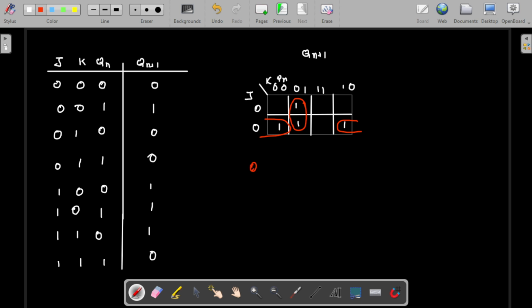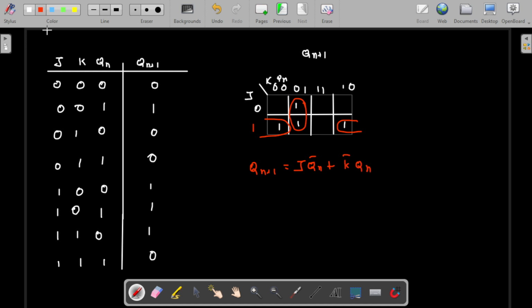So if we write the Qn plus 1 equation, then what will it be equal to? So if we take this one, this one is J and this one is Qn bar, sorry, J Qn. This is 1, right? So I made a mistake. So this is 1. So this is J Qn bar plus K bar Qn. Okay. So this is the characteristic equation.